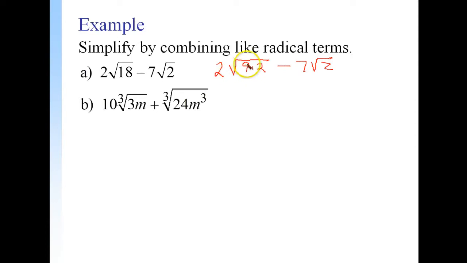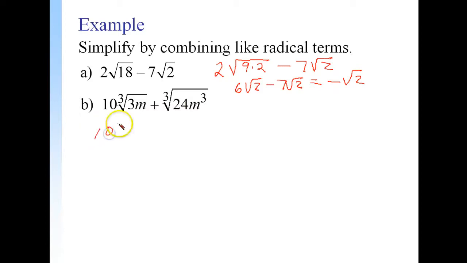Well, over here now, what is the square root of 9? Well, 3. So this comes out as a 3. So this will be 6 square root of 2 minus 7 square root of 2, which then we just deal with our numerical coefficients, is a negative square root of 2. There's a 1 there, we don't write it.